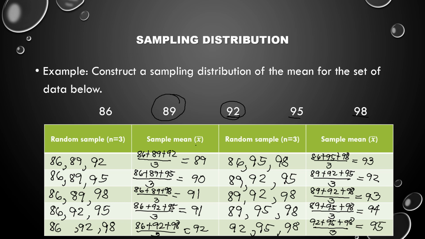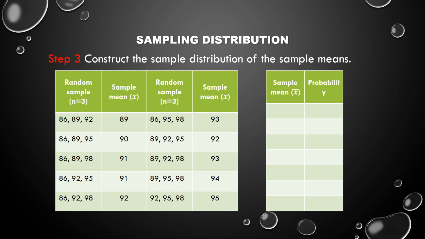So that's how you are going to do it. Now, that is step number 2. For step number 3, we are to construct the sampling distribution of the sample means. In constructing your sampling distribution, we are going to base our values on the previous steps.